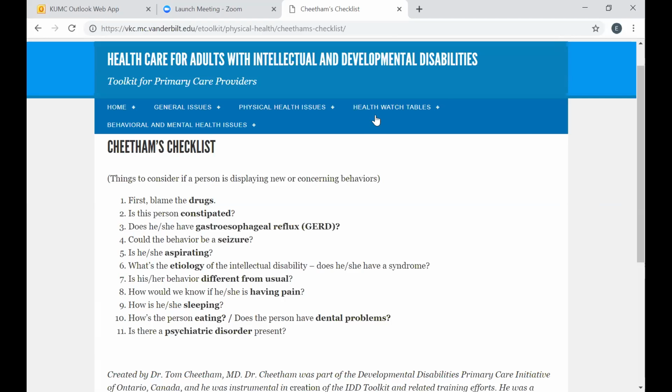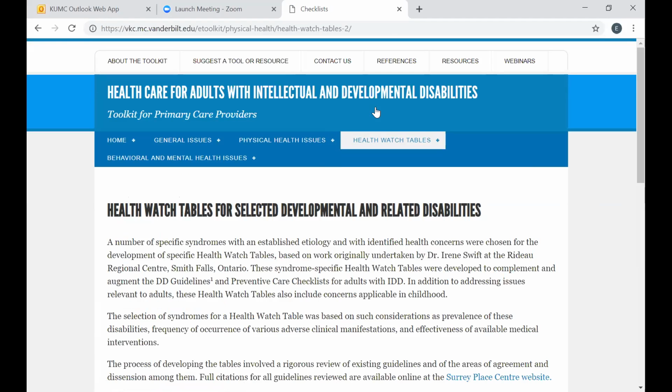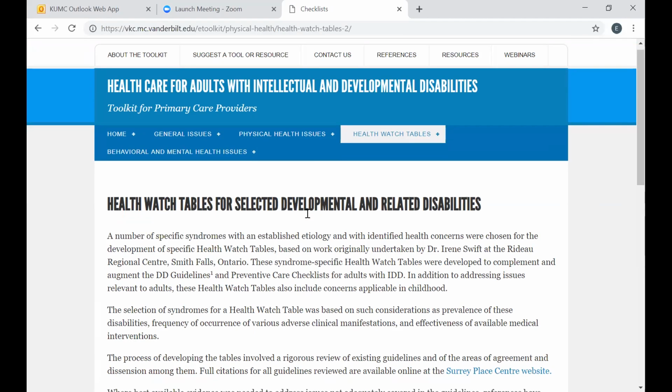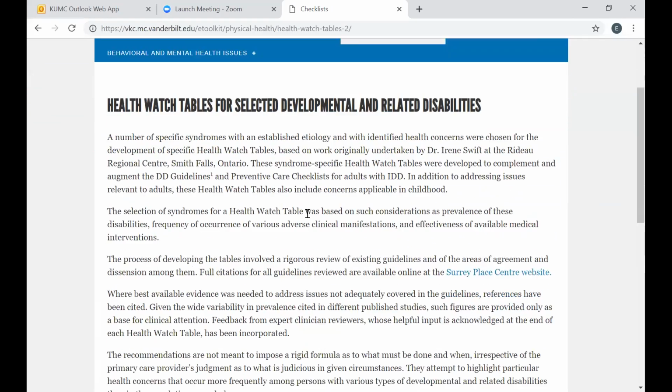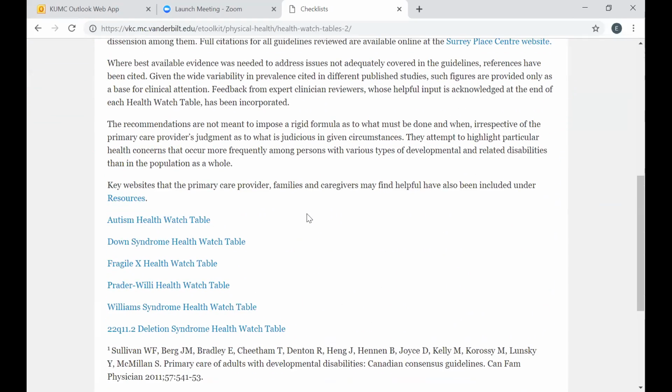Okay, so the other thing I was going to show you, I thought these health watch tables are pretty cool. I didn't really like the preventive care checklists, but these are cool because they developed essentially checklists or tables, things to look for in individual diagnoses, and they chose these based on prevalence in the United States.